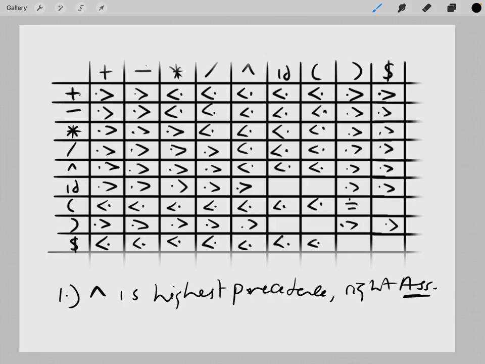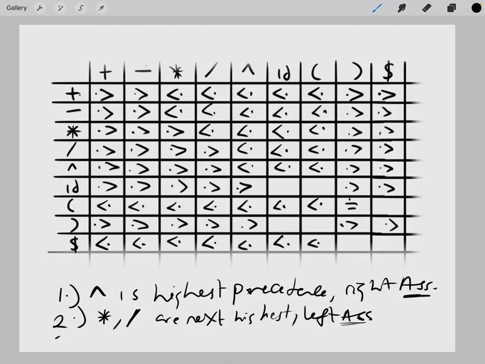Don't misquote me, it's associativity. Number two, we have the star, which is multiplication, and the division, which are the next highest, and they are left associative.